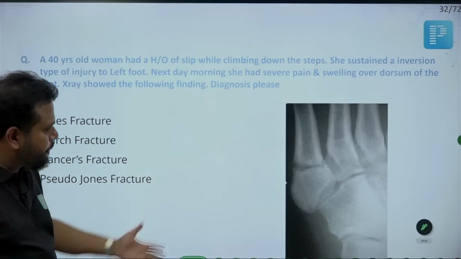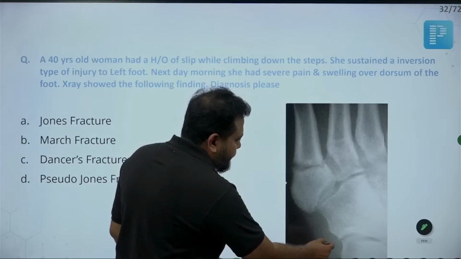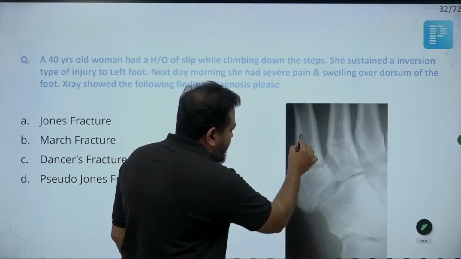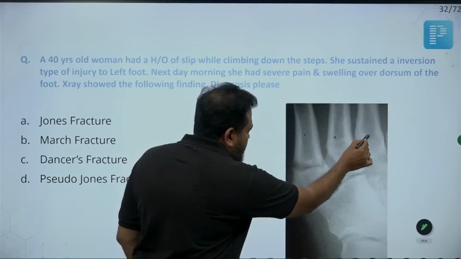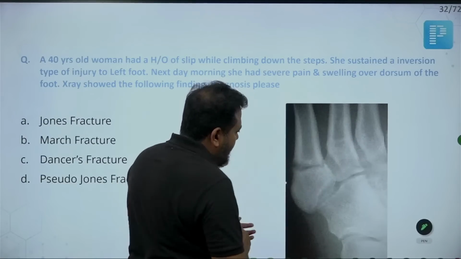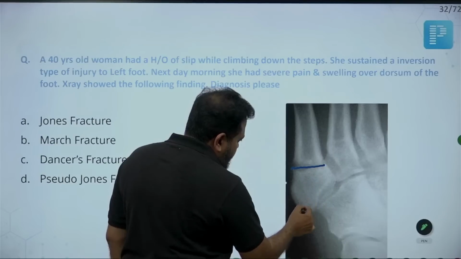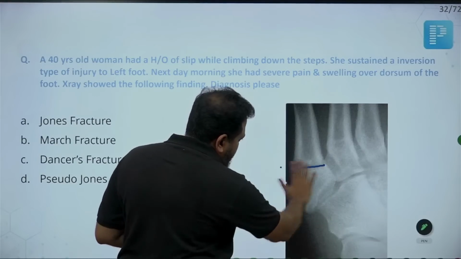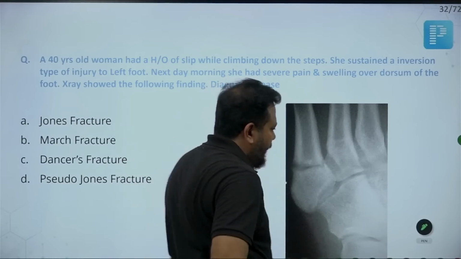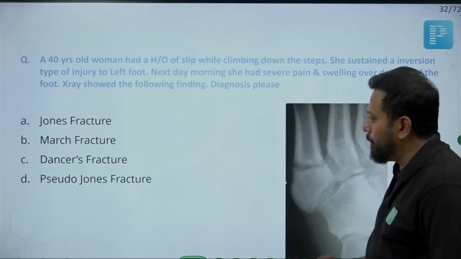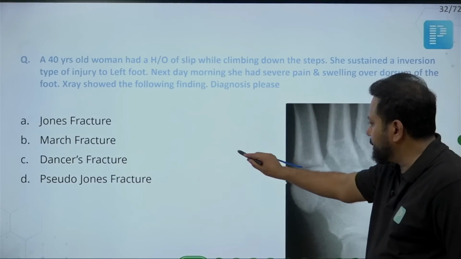Diagnosis, please. As this is a foot X-ray, this is the 5th metatarsal, 4th, 3rd, and so on. I am able to see a fracture line in the 5th metatarsal. It's not too close to the joint. So the diagnosis is Jones fracture.